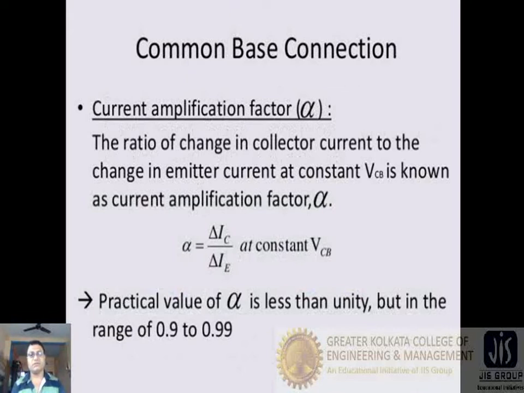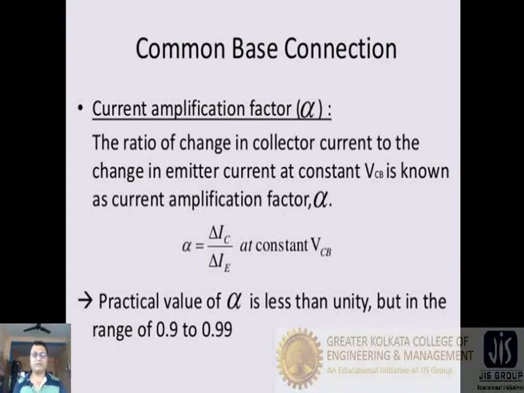The ratio of the change in the collector current to the change in the emitter current at constant VCB, that means base to collector voltage, is known as the current amplification factor alpha. Alpha can be defined as delta IC by delta IE for a constant VCB.